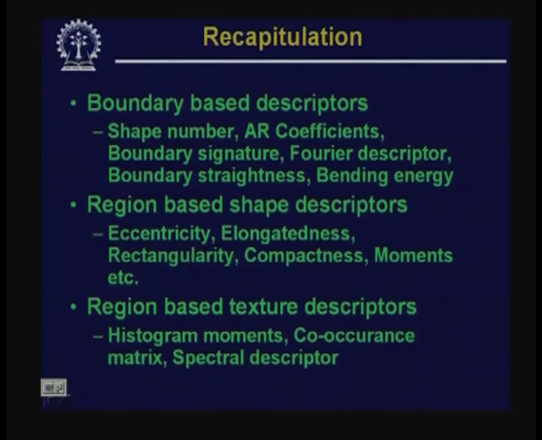Whereas, for the other kinds of descriptors, we can assume that each of them highlights a particular property of the shape. So, if I take n number of such descriptors and put those descriptors in an ordered manner, then what I get is an n dimensional vector, which is normally called a feature vector.